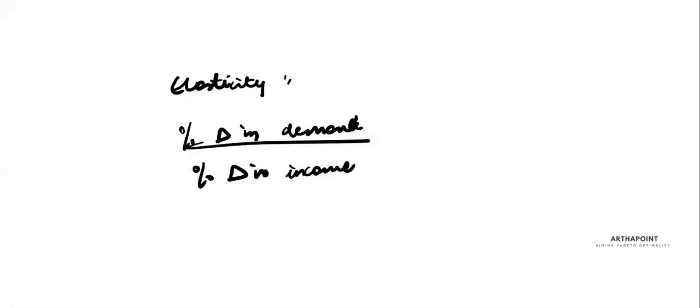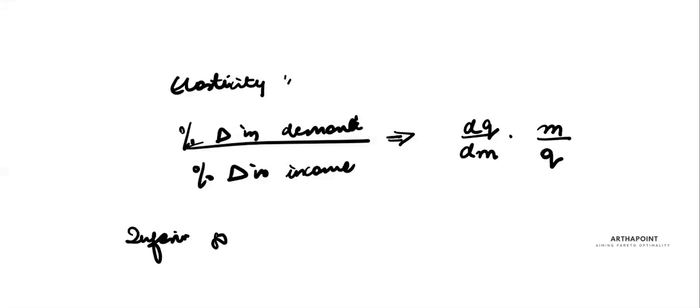So if we understand this, we should also be able to rewrite it like this: how quantity changes when income changes, times initial income by initial quantity. For inferior goods, we know that whenever there is an increase in income, there is a decrease in the quantity.